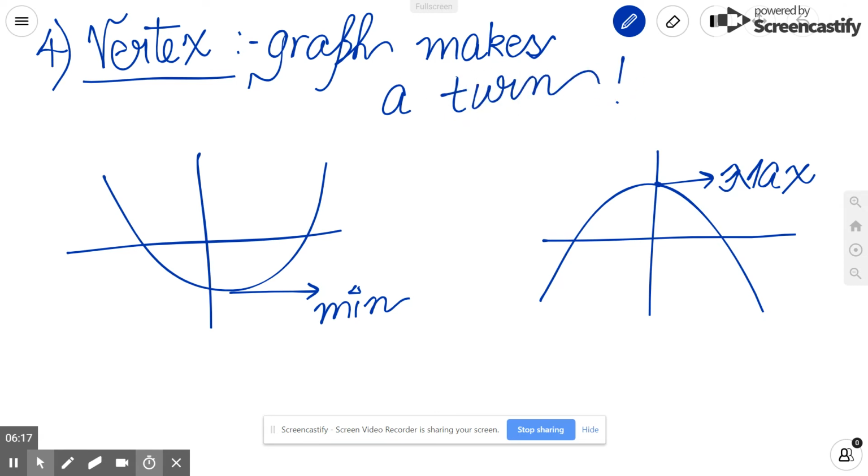Now, just a reminder, your maximum or minimum, whatever point it is, is always going to be in the form of x and y. So that's how you'll calculate your vertex.